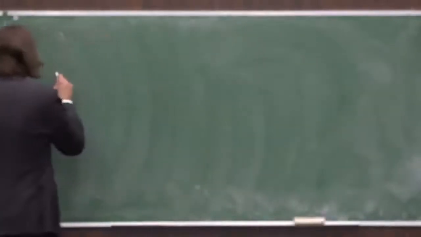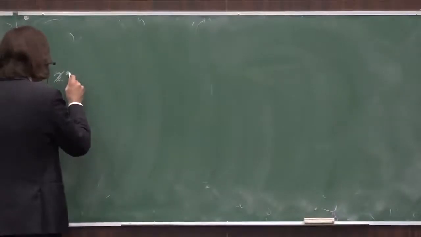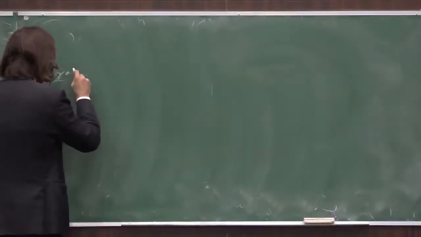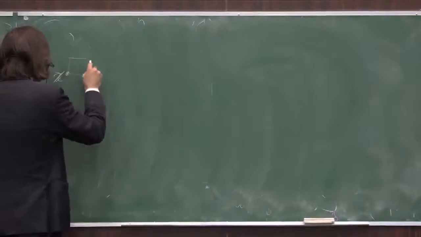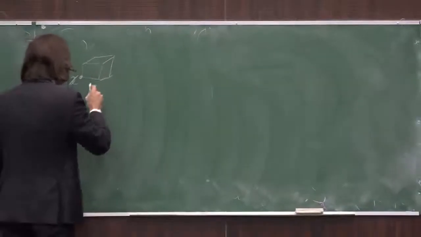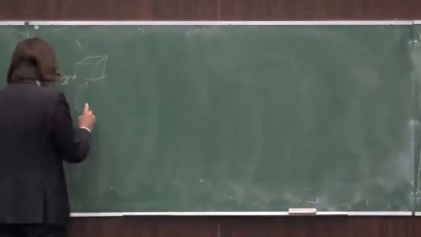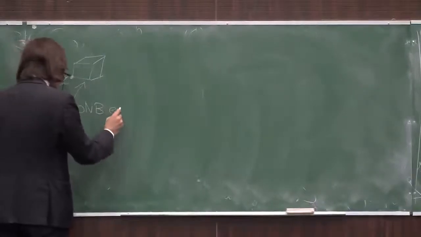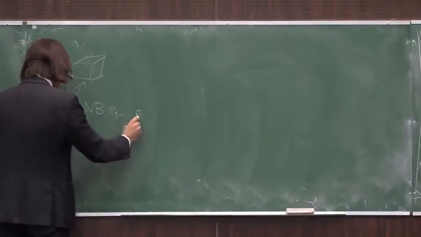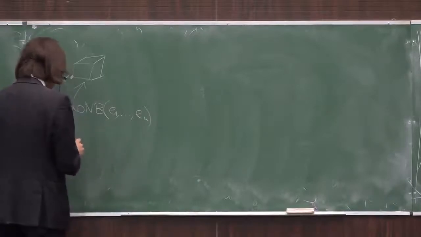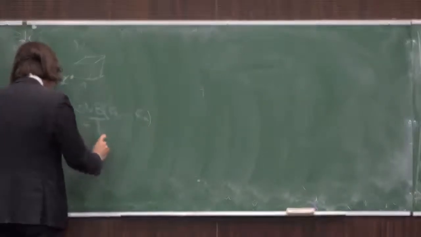So here is the idea. This is x here, and I make small variations of x in all possible directions. So here this is an orthonormal basis, E1, etc., En, in the tangent space.